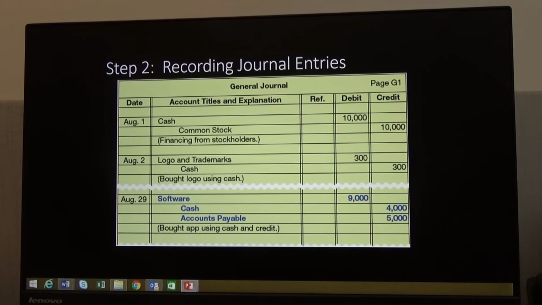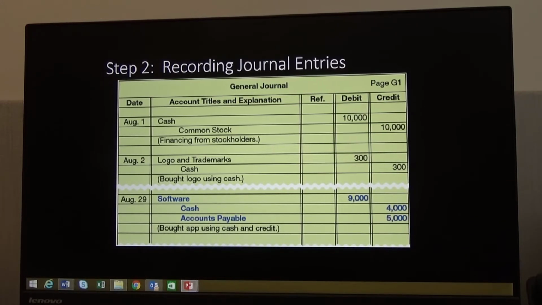And so the price of the software was $9,000. On the day that they purchased it, August 29th, they didn't actually pay all of it in cash. They paid $4,000 in cash, and so you see the credit to the cash to show that decrease. And they still owe another $5,000 to whoever they bought that software from. And so now they have a liability that has increased by $5,000.